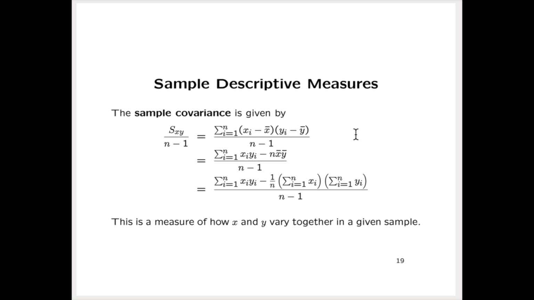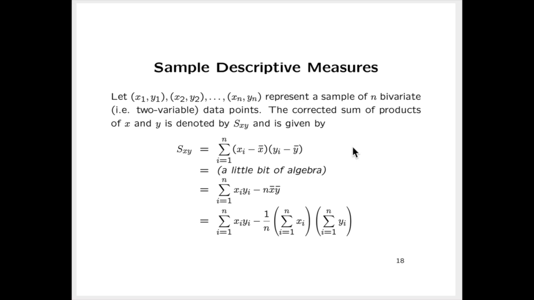One thing to think about: what are the units of the sample covariance? Notice that there are no units associated with the denominator here. And if we go back to the previous slide, where we're looking at the numerator of the sample covariance, the units of the difference x sub i minus x bar are the units attached to the x's.